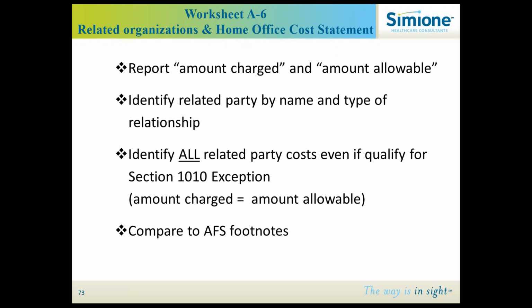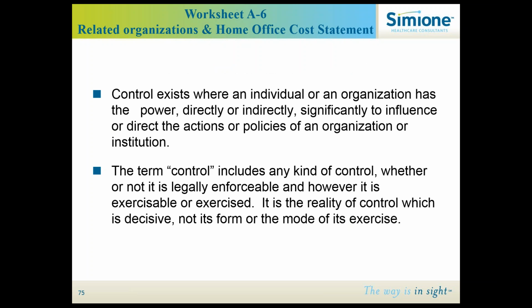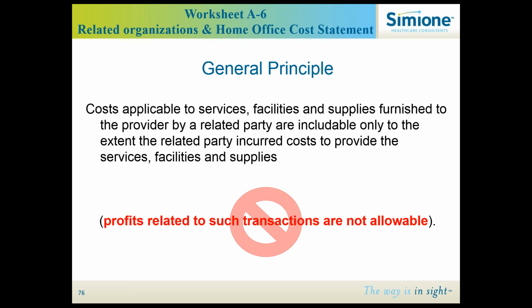So worksheet A6, you just put the relationship, the expense that's involved, and the amount. Why I talk about how to make the adjustments to that amount here, and the control and the cost. The reality is, again modified somewhat depending on what Medicaid program you participate in, at least disclose it.